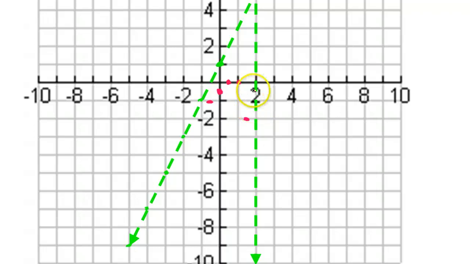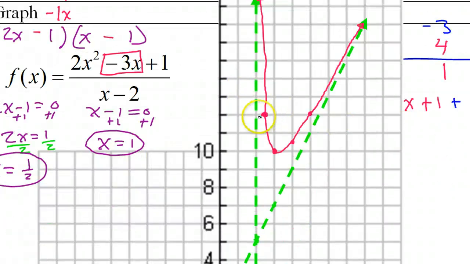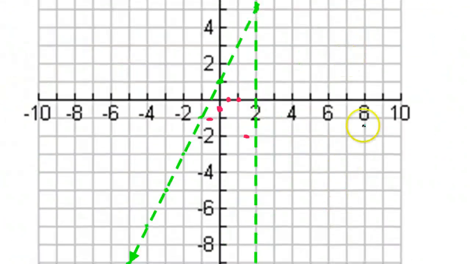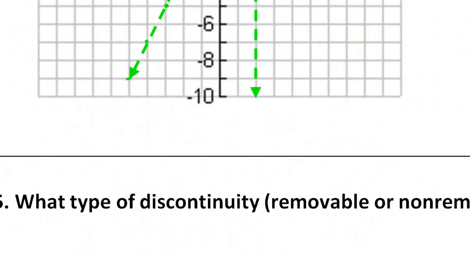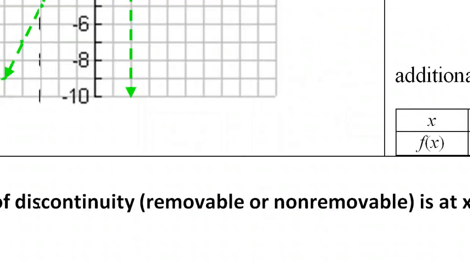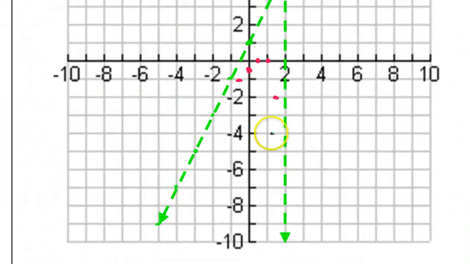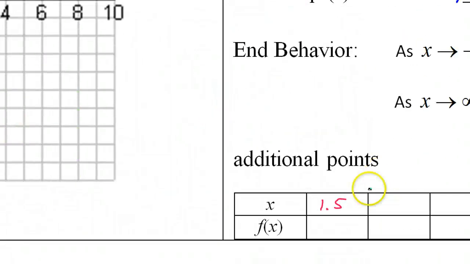So for example, all the points I used up here, I'm just going to record those on my table. So the 1.5, that was -2, for example.